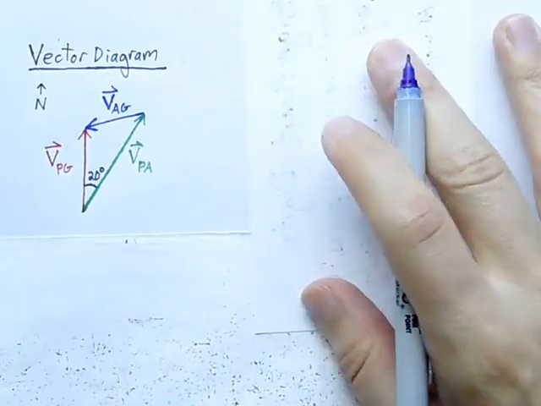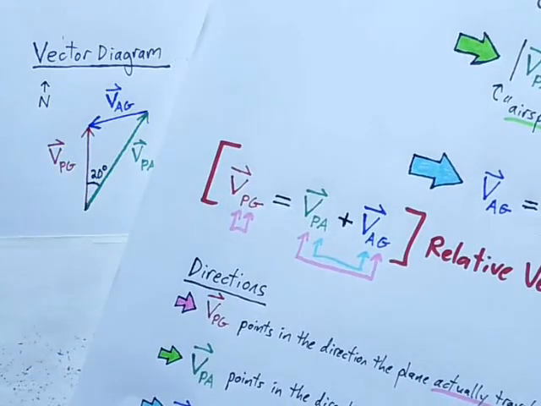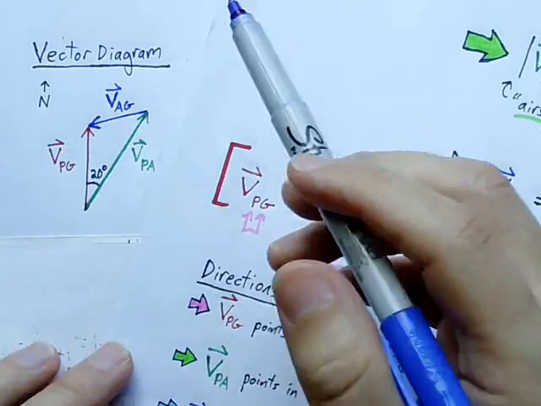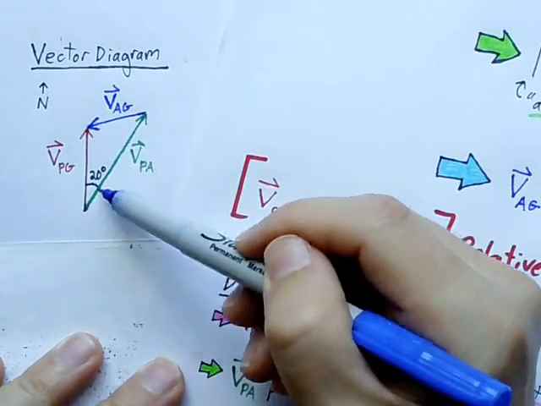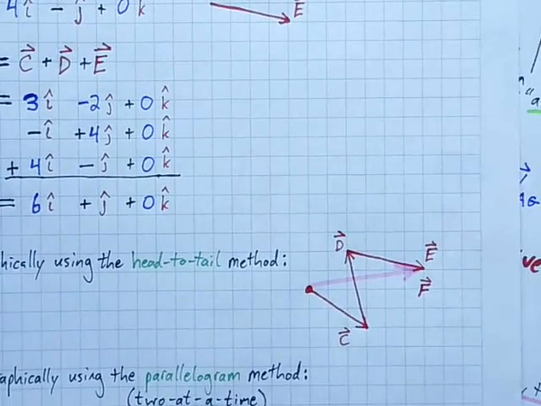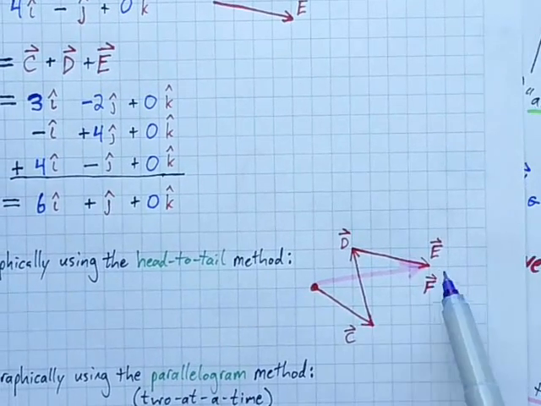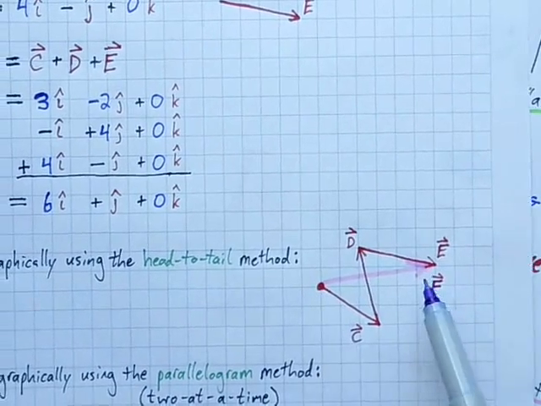That way, we've got from our knowledge of how to add vectors in the head-to-tail method that VPA plus VAG, that chain of two vectors there, head-to-tail method means you make a chain of vectors, add all those up, and the sum points from the beginning of the chain to the end of the chain.